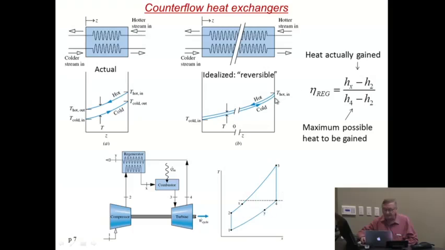So basically, this temperature, which is Tx on your diagram, is a little bit below T4, which is that temperature. And the efficiency of this heat exchanger, which is called the regenerator, hence the index REG, is Hx minus H2 over H4 minus H2, which basically represents the loss of temperature between X and 4, the loss of temperature here in the heat exchanger.